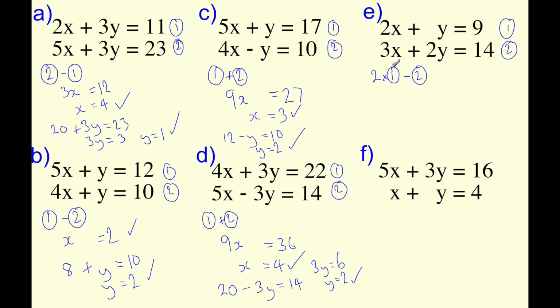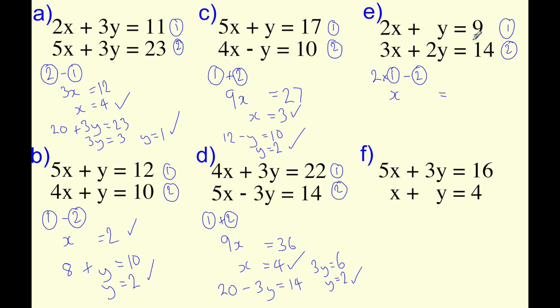So 2 lots of equation 1, so that's 4x. Take away what we have for equation 2, 3x. 4x, take away 3x is x. 2 lots of y, take away 2y is 0. So that's how we've been able to eliminate the y's.